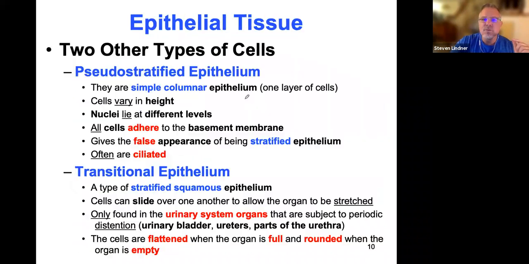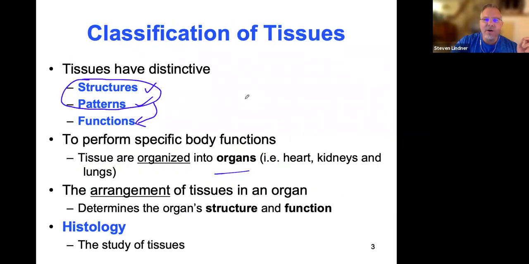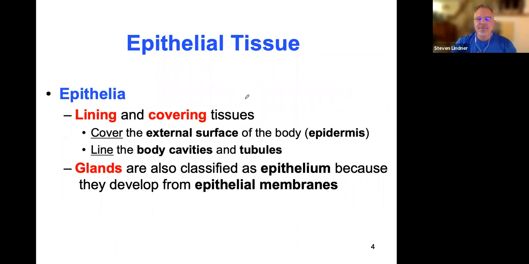Okay, so let's go back here and now look at epithelium. Epithelium is the type of tissue that is considered a lining type of tissue or a covering type of tissue. So when we think of something that's covering the external surface of the body, we should think of the skin, but the epidermis, okay? The epidermis. Now, epi means above.